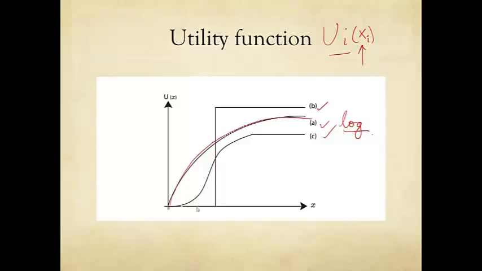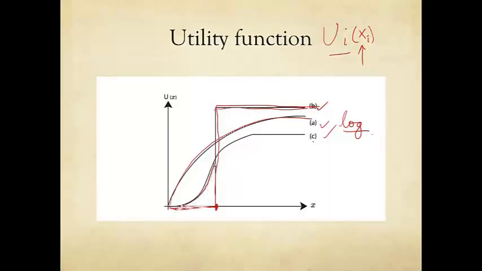But you see curve B here is actually not smooth, because there's a jump at this point. Below this point, you get no utility. Above this point, you get a strictly positive constant utility. So there's a jumping point. Now, graph C is interesting.